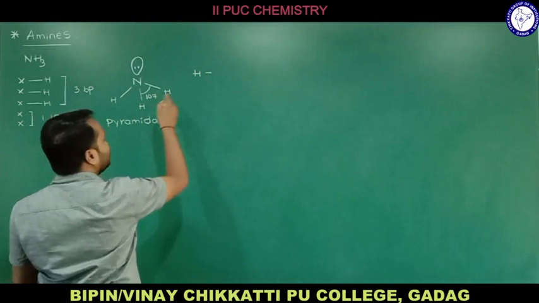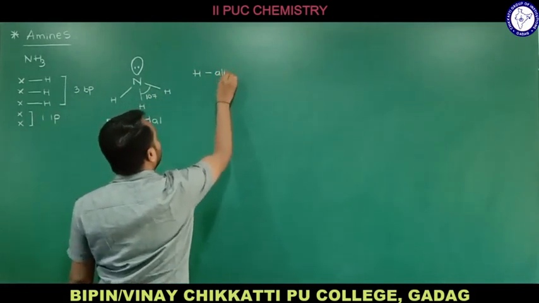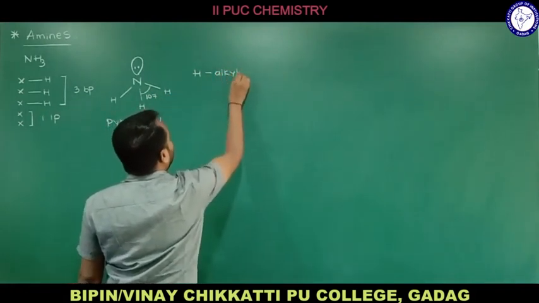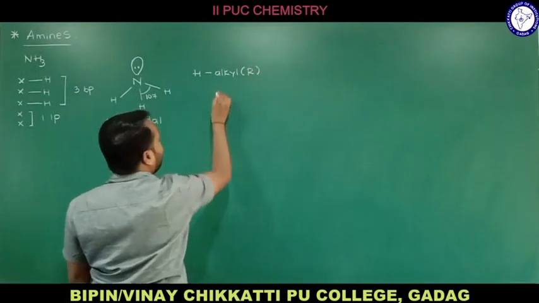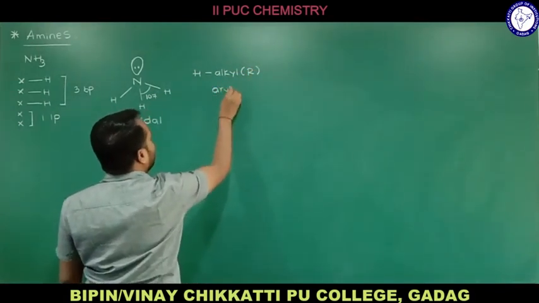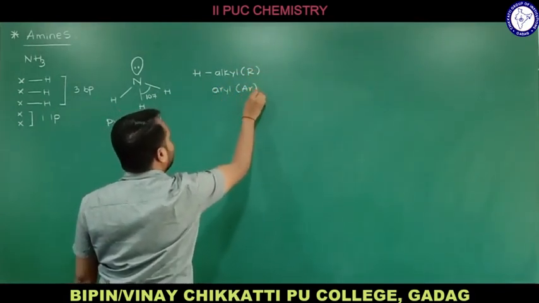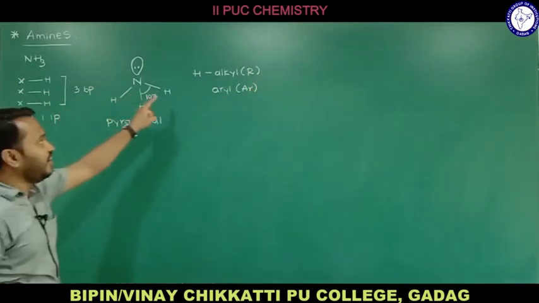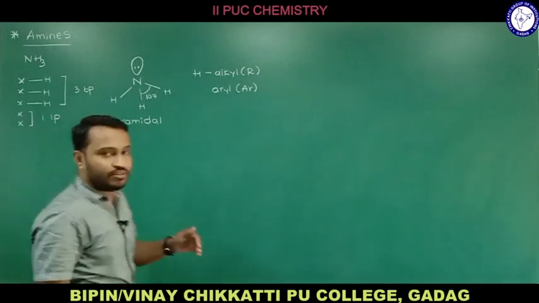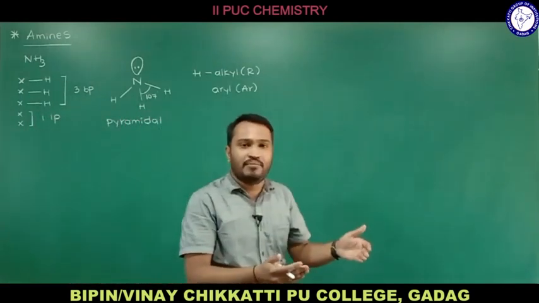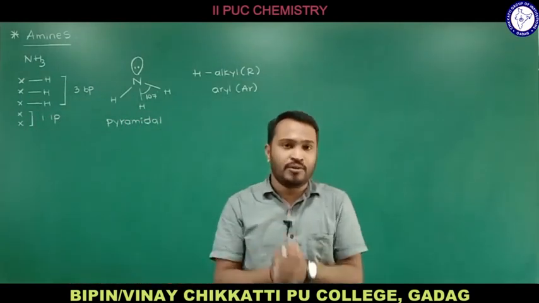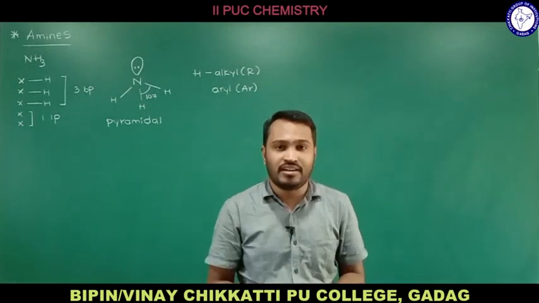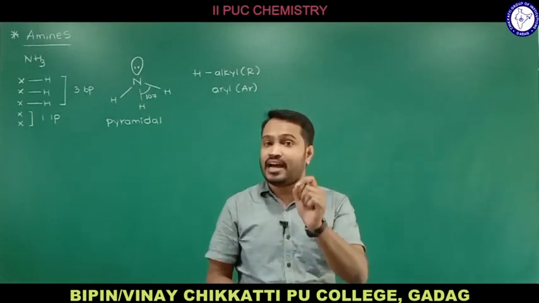The hydrogens in ammonia can be replaced by alkyl, which is represented by capital R, or by aryl, which is represented by Ar. So the derivatives of ammonia where 1 hydrogen or more than 1 hydrogen is replaced by an alkyl group or aryl group, such organic compounds containing nitrogen, we call amines.